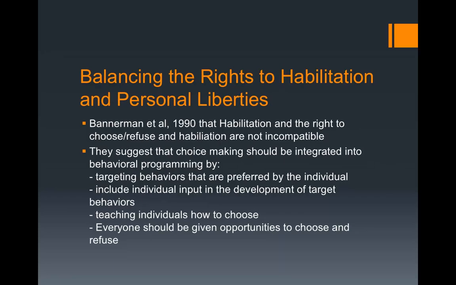So Bannerman suggests that one way to resolve this is not to think about habilitation and the right to choose or refuse as two opposite ends of a continuum, that in fact they're not incompatible. They argue that choice making could be and should be integrated into behavioral programming.